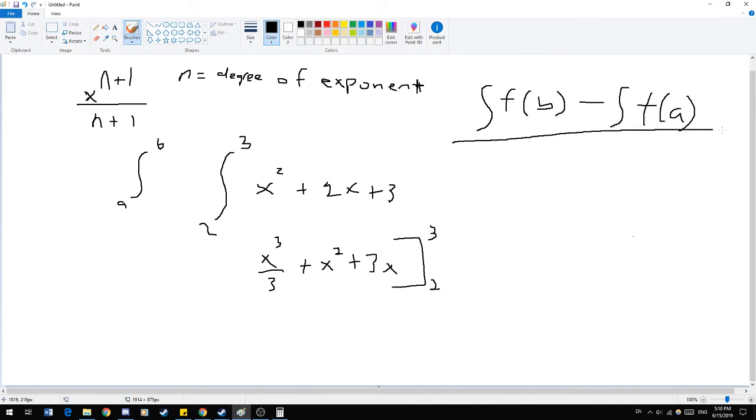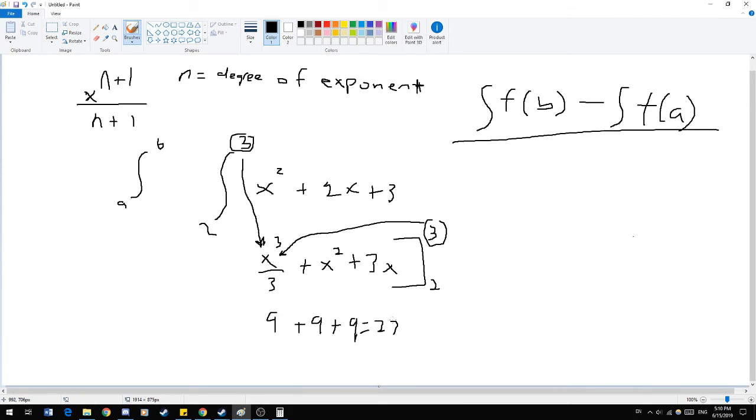What that means is we're just going to put in 3 for x, which is going to equal, what is that, 9 plus 9 plus 9 is equal to 27.